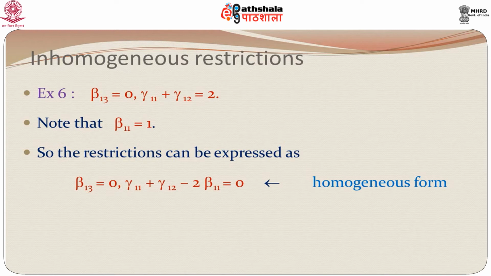So, we began with an inhomogeneous restriction, but we can always transform this to a homogeneous form, and then construct our phi 1 with the first column corresponding to beta 1 3 equal to 0 as before, it is 0 0 1 0 0, and the second column now is minus 2 0 0 1 1. So, multiplied with alpha 1, this gives us minus 2 beta 1 1 plus gamma 1 1 plus gamma 1 2 equal to 0.